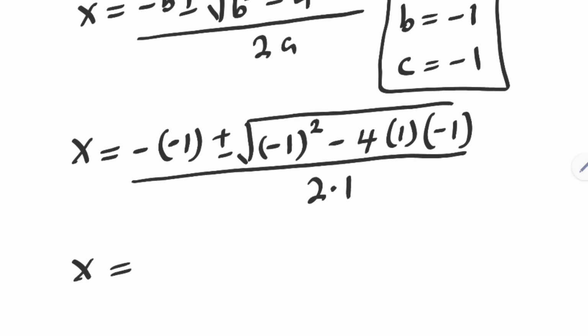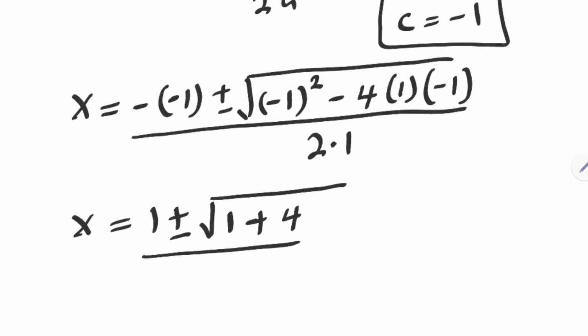S is equal to negative multiplied by -1, that is 1, plus or minus square root of -1 squared, that is 1, negative 4 multiplied by 1 multiplied by -1, that will be plus 4, divided by 2.